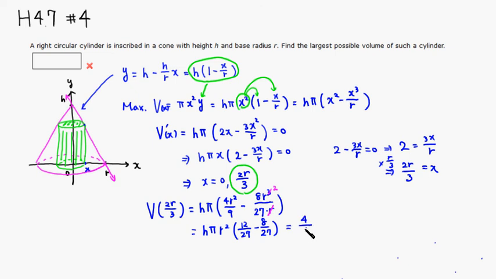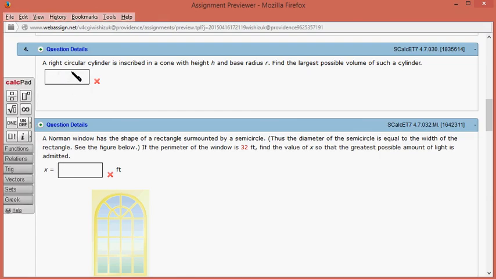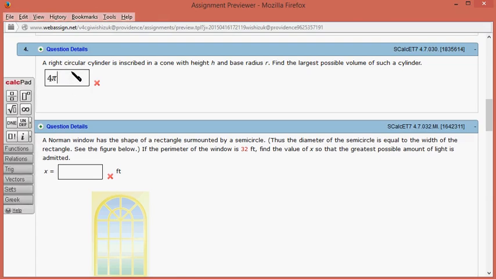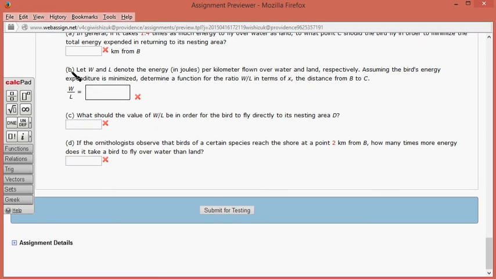I would like to put pi here, and then maybe r squared h. So let's type it in. It was 4 pi over 27 r squared times h.